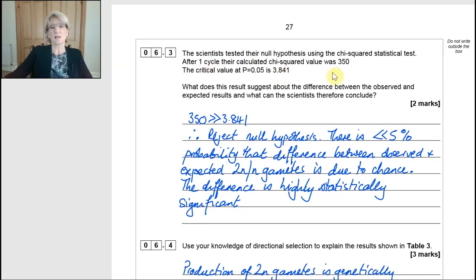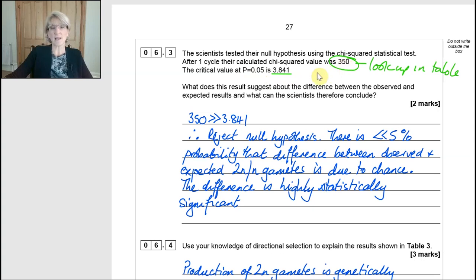Scientists tested their null hypothesis using a chi-squared statistical test. Okay, the calculated value is the number that they got at the end of their statistical test. And the critical value, the value in the table at p equals 0.05, is this.